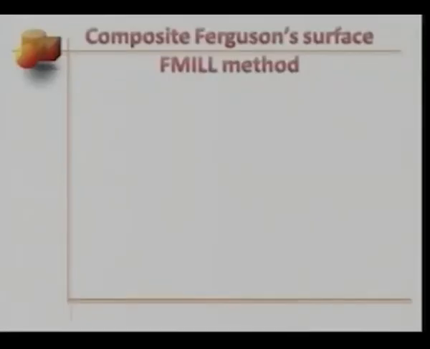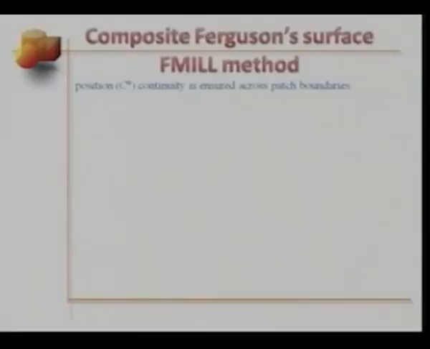As I mentioned, the first model is of the Ferguson's surface patch, and this is called the F-mill method, what we are going to be discussing now. Well, position or C0 continuity is ensured across patch boundaries.